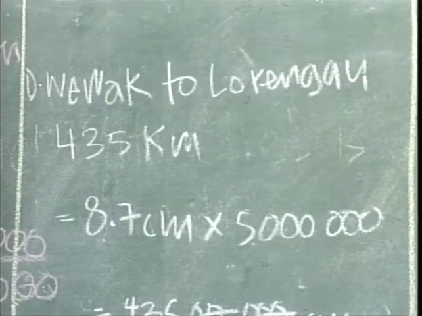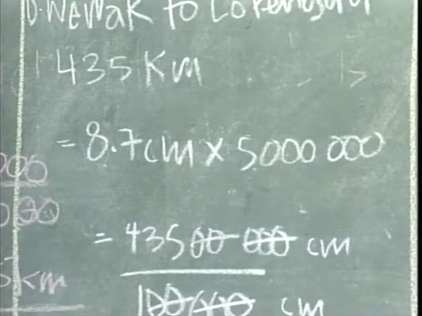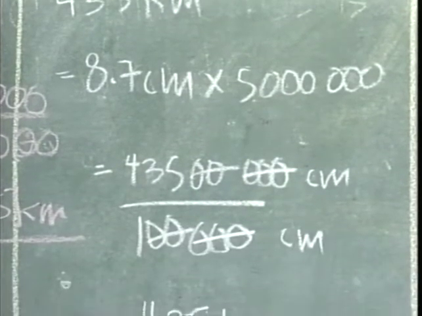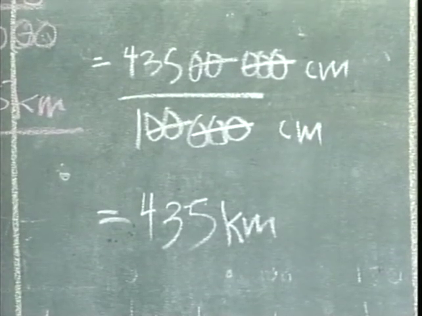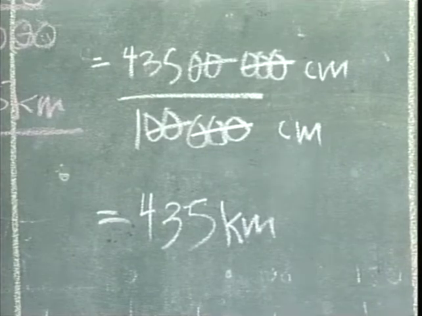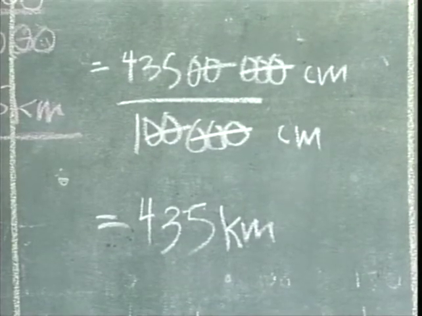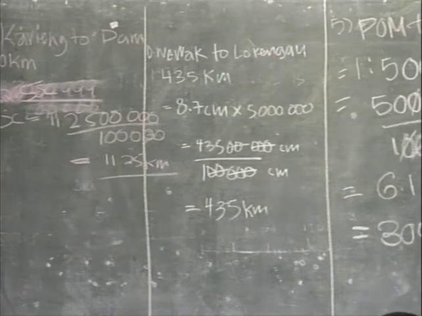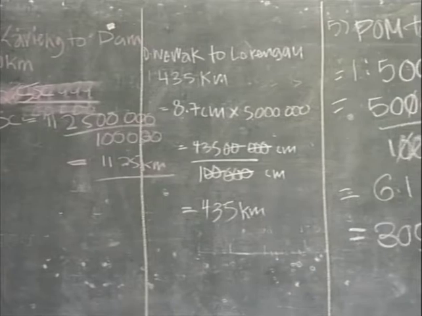So the answer was divided by 100,000 to get kilometers, 435. Okay, before we go on to the last one, 435 kilometers. We all happy with that as our answer? Okay, good. And again, he's explained to us already how he got that answer.